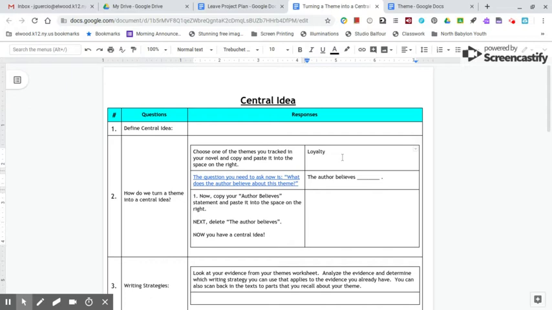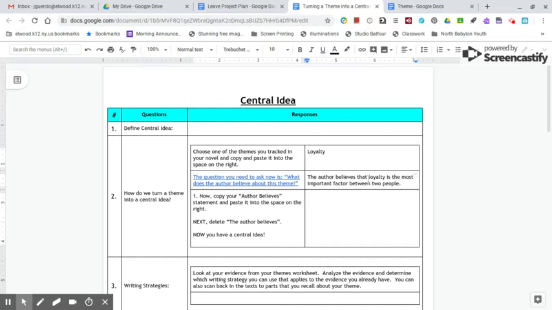So let's say our theme was loyalty. There's a lot of talk about loyalty. Well, now the next question is, what does the author want us to believe about loyalty? So you're going to delete this line here and come up with the idea that the author believes that loyalty is, and I'm just making this up, the most important factor between two people.